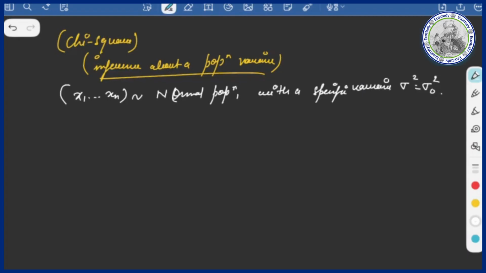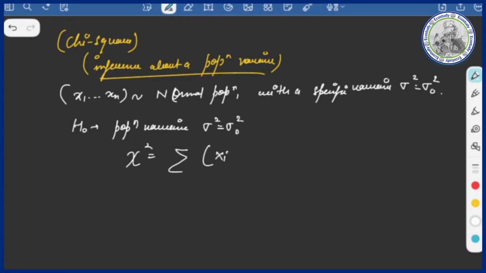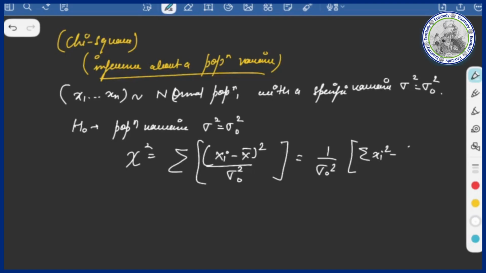So under the null hypothesis, H naught is: the population variance sigma square is equal to sigma square naught. So the statistic chi-square is sum of (xi minus x bar) square upon sigma square naught, which is 1 upon sigma square naught into [sum of xi square minus (sum of xi) whole square upon n], and that is equal to n s square by sigma square naught.